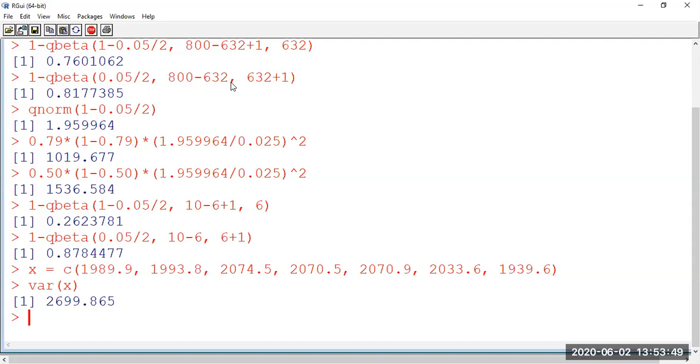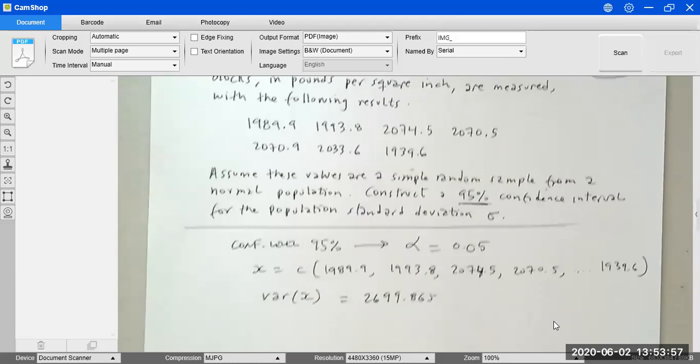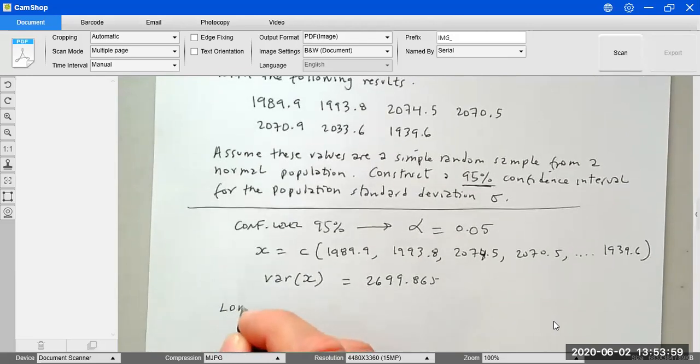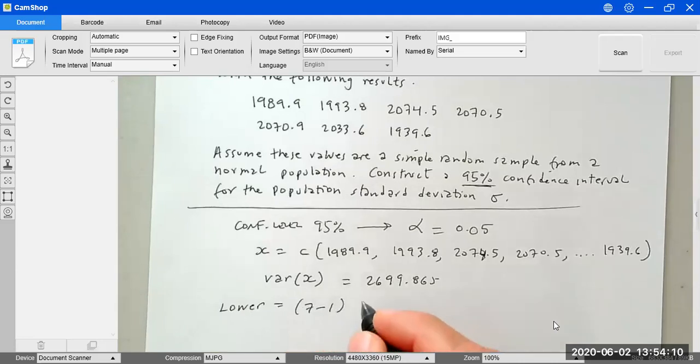I'm going to write the formulas first in your notes. So I have here the variance. Now the lower limit is going to be just n minus 1, which is 7 minus 1, times the variance of x.